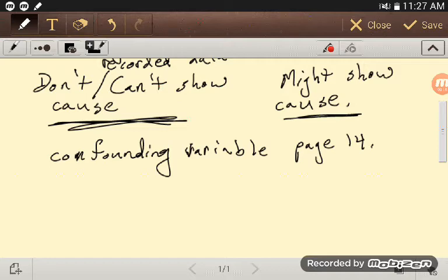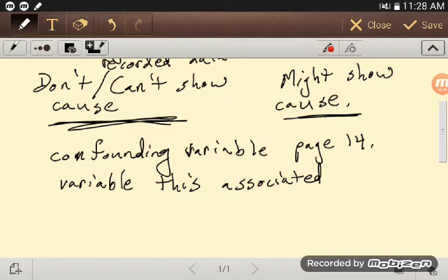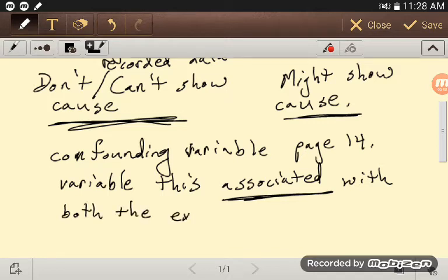And so they mention sun exposure as a confounding variable, but on page 14 they say which is a variable that is correlated, and so at this I'm going to point out that it should be variable that is associated, not correlated, associated with both the explanatory and response variables.